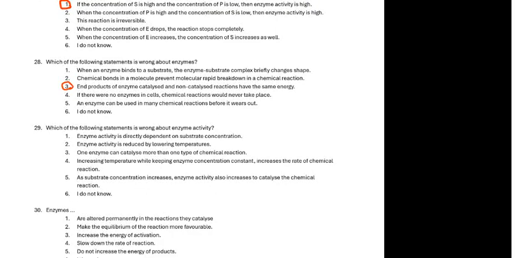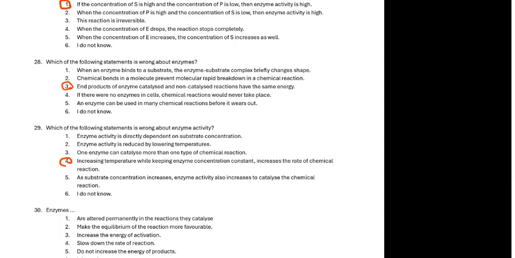So the fourth statement here, when you lower the temperature too much, the enzyme becomes inactive. So this is true here. Yeah, this is true. So the wrong answer here is 4, the correct answer.